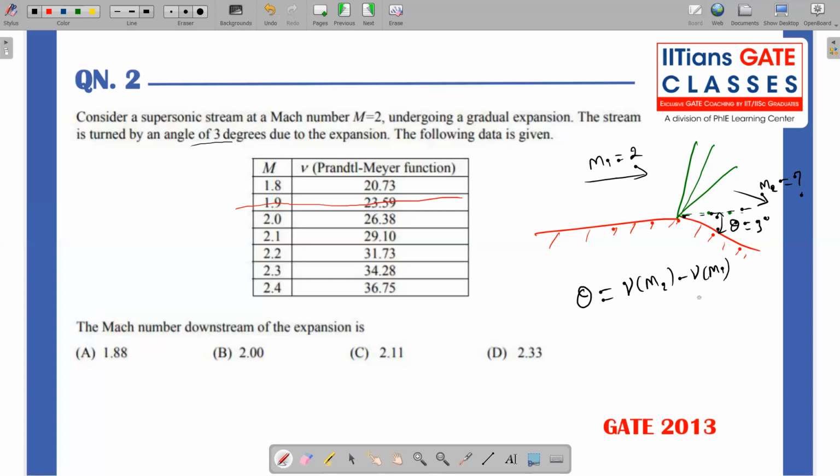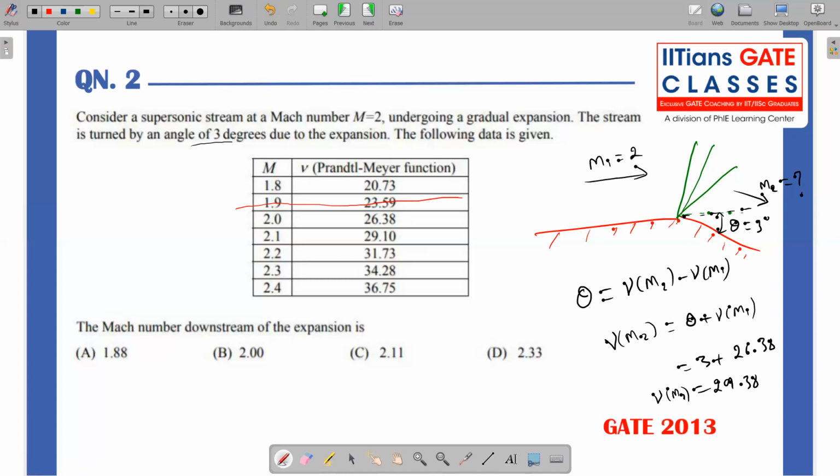For M1 equal to 2, mu of M1 is 26.38. Theta is 3 degrees. So I can calculate mu of M2 to be equal to theta plus mu of M1, that is nothing but 3 plus 26.38, which is going to be 29.38.